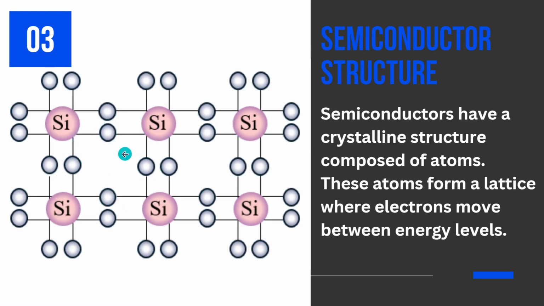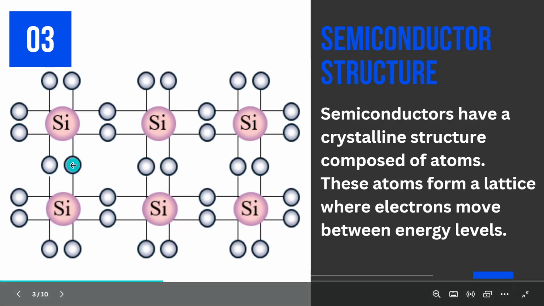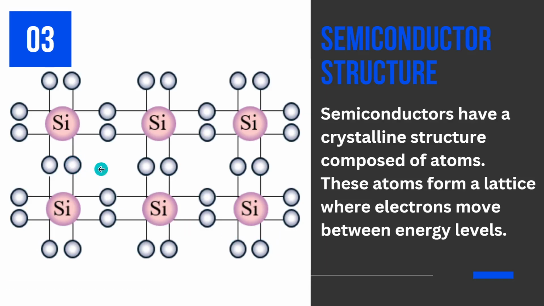We use silicon in so many electronic components and devices. So that is the semiconductor structure. If we take away one atom, it is going to be replaced with holes. We are going to talk about holes in the next slides.